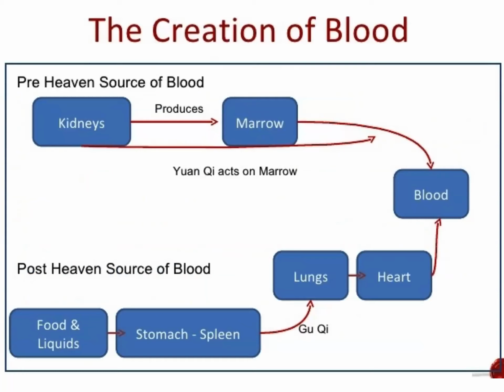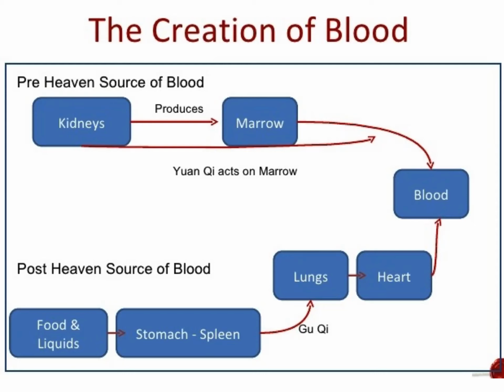Here is the flow diagram of how blood is created. It involves the organs: kidneys, stomach and spleen, lungs, and the heart. So we have two sources of blood. One is the pre-heaven source of blood, which is the kidneys. The kidney produces the marrow, and the yuan qi from the kidneys acts on the marrow to produce blood.